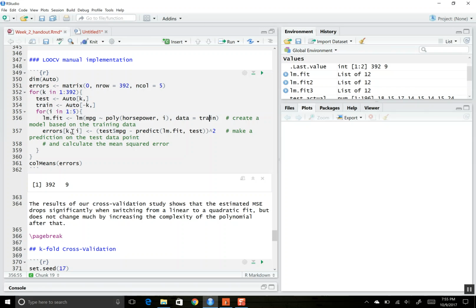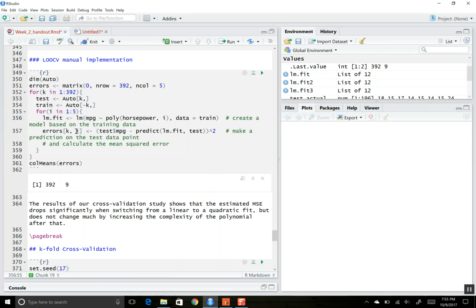And then you're going to calculate the error, which is the difference between your test MPG, which is just that one row's MPG, minus the prediction for that one observation. You square that and store that error into row k, column i.